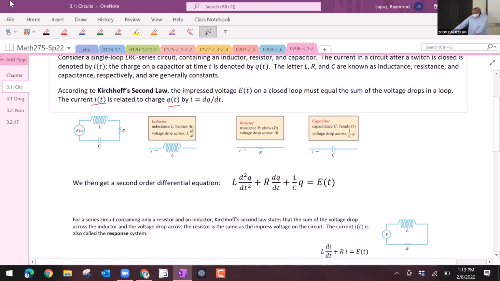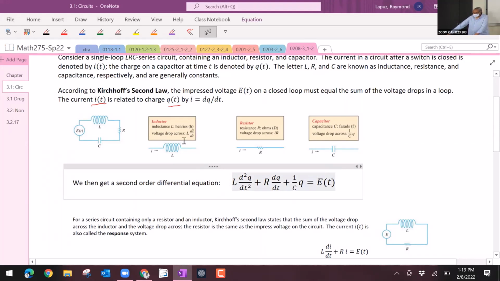Here's an example of a complete loop that has an inductor, resistor, and capacitor. L measures the inductance, given in henries, R is the resistance, given in ohms, and C is the capacitance, given in farads.